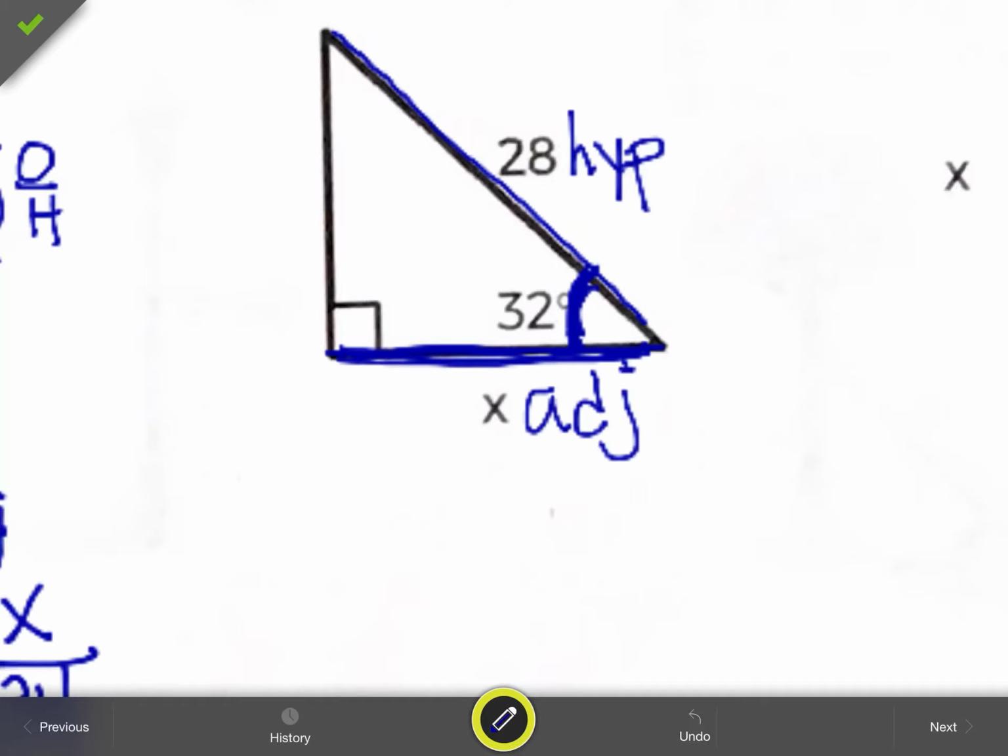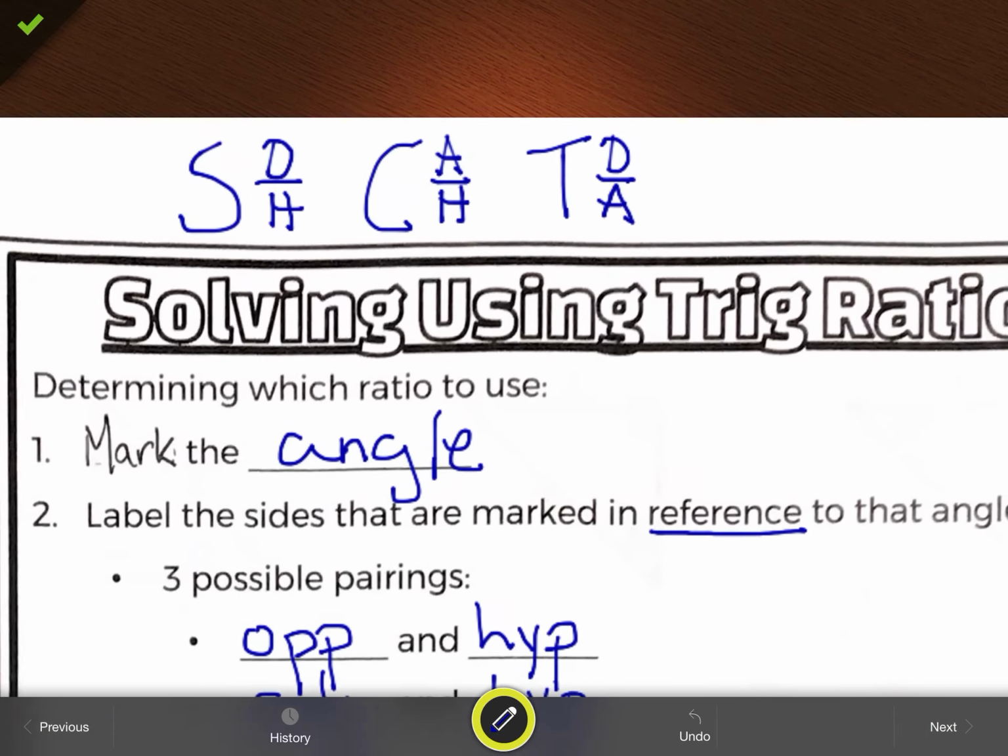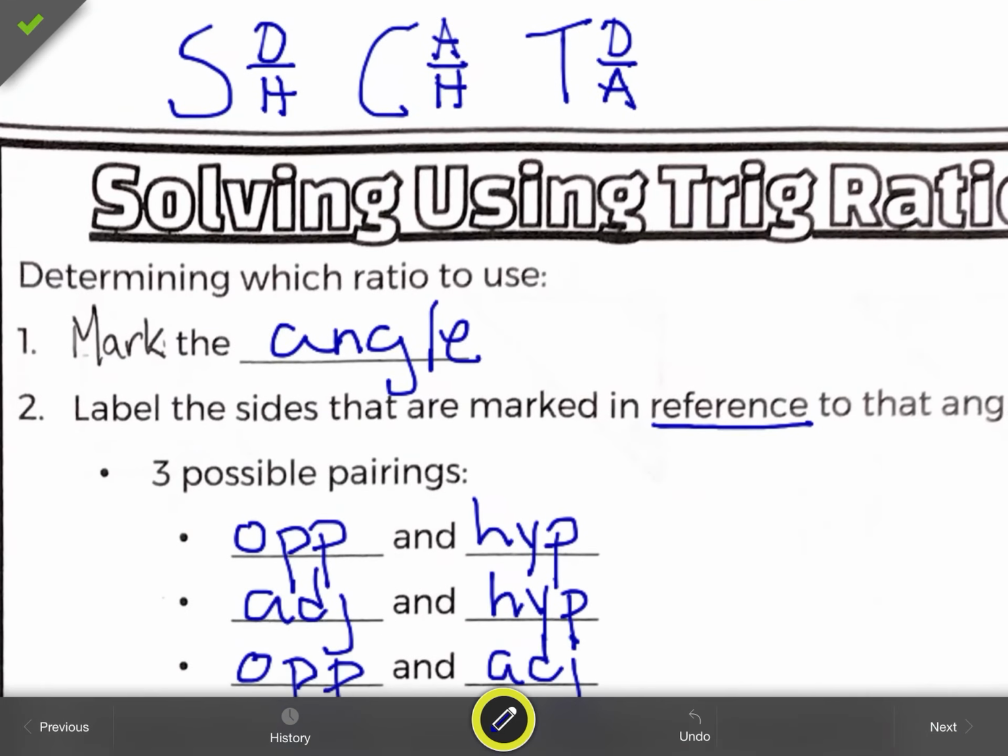Now you have to figure out which trig function has both of those pieces in it. So you say SOHCAHTOA, you look at your SOHCAHTOA. Okay, you're looking for the one that has adjacent and hypotenuse. So that would make it cosine. So this time instead of sine, it's going to be cosine.